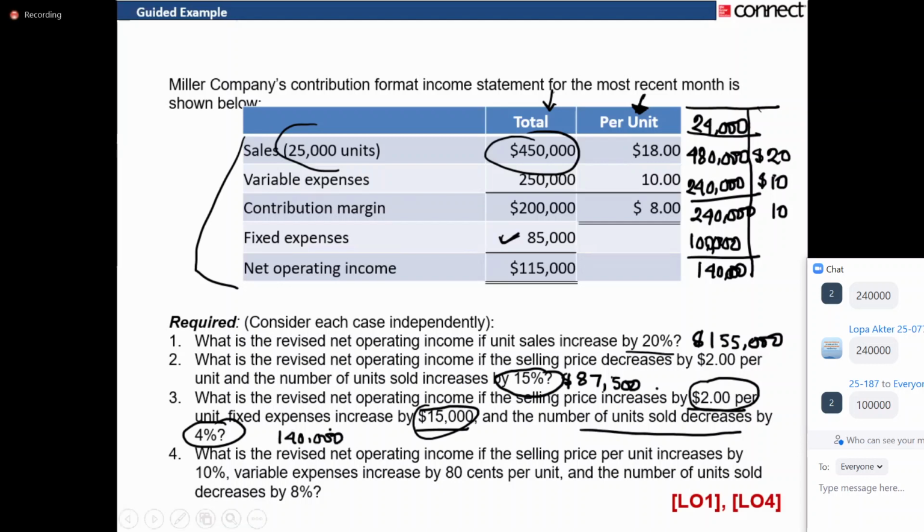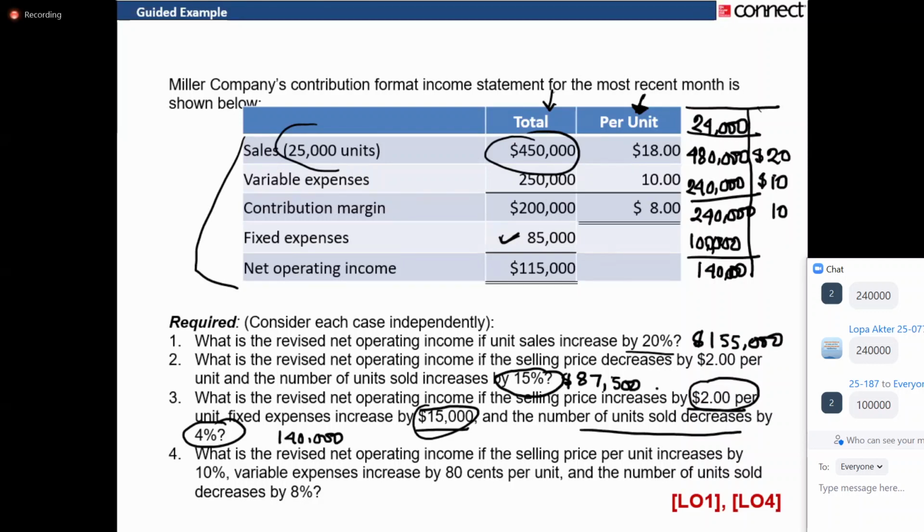So requirement 3, if you observe that selling price increased by $2 per unit, this is a good thing. Fixed expense increased by 15,000. This is not a good thing. Number of units sold decreases by 4%. It is also not a good thing. But amidst the two bad things and one good thing, we see that still our net operating income is above the base case of $115,000.